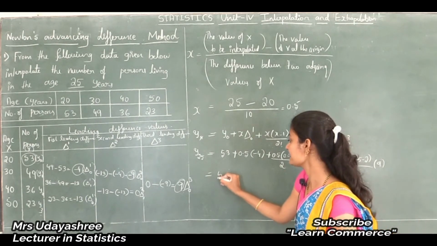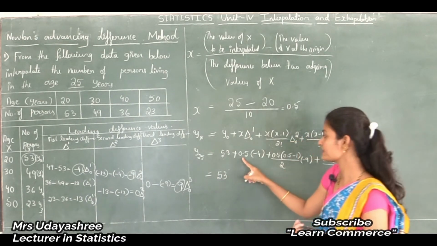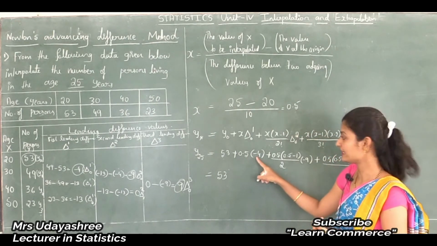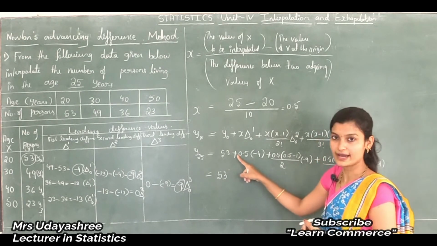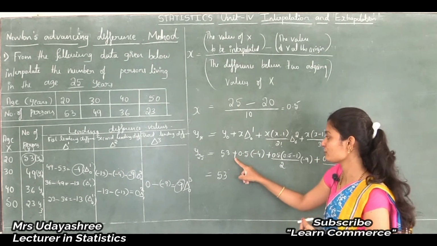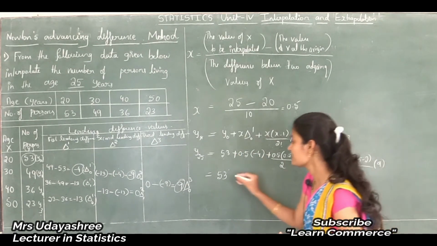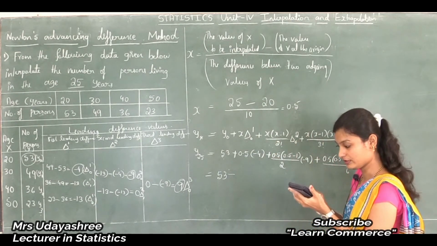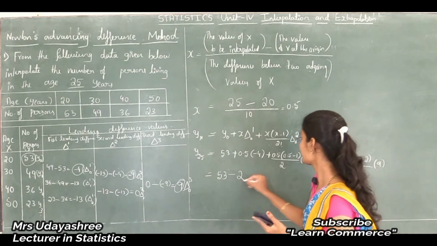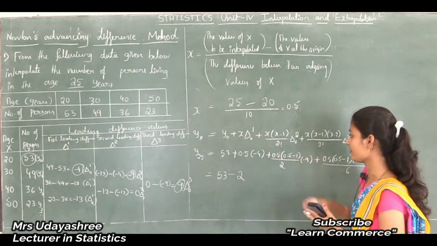This is equal to 53 as it is, and then 0.5 multiplied by minus 4. First I will multiply the signs: plus and minus gives minus only. So I will write minus. Next 0.5 into 4 is 2. Next, this is one term.